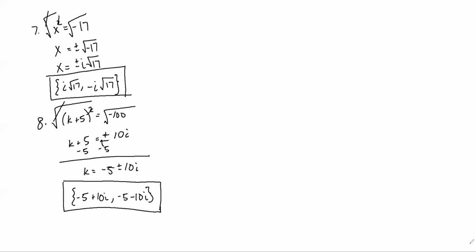The next set of examples, I'm actually going to set them up like a matching type problem. So this is something you'll see in the homework where you're determining what type of solutions you're going to have without actually solving the problems. So we're going to say determine the type of solutions.